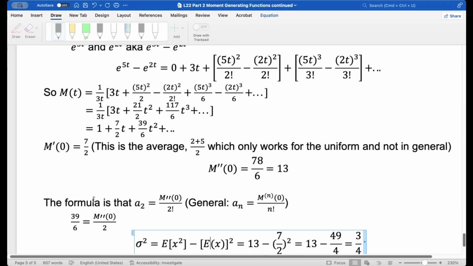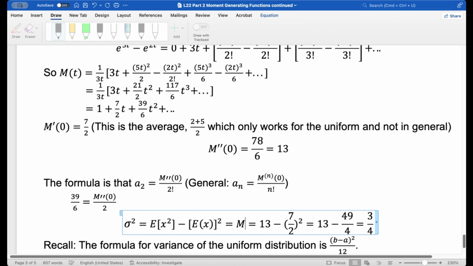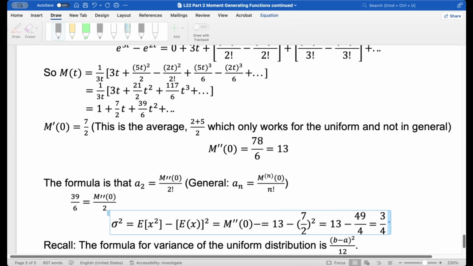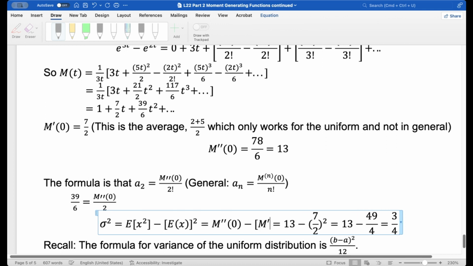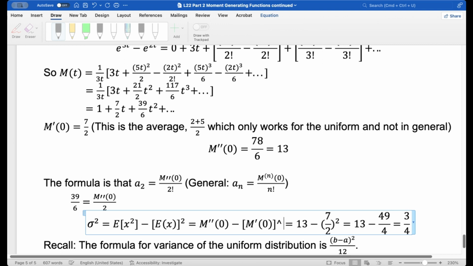It's multiplied by 2, and we get that value. So the variance is expected value of x squared minus expected value of x quantity squared, which is M double prime of 0 minus M prime of 0 quantity squared.